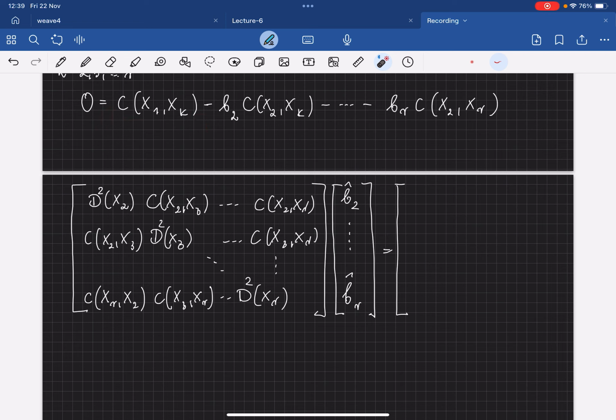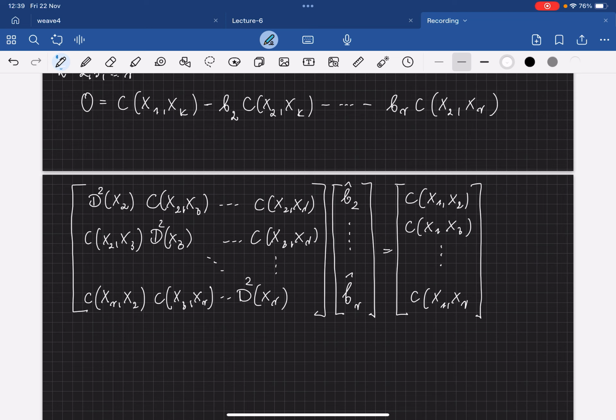These are covariances of the dependent variable with independent variables. So this is the covariance of x1, x2, covariance of x1, x3, up to the covariance of x1, xr.